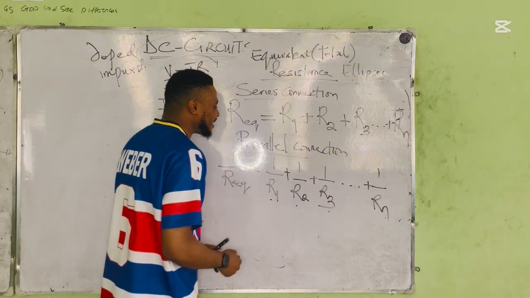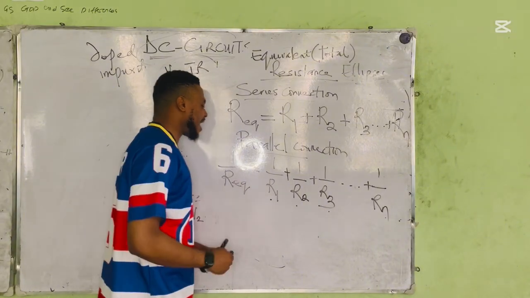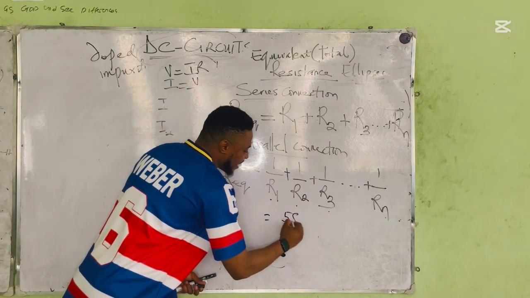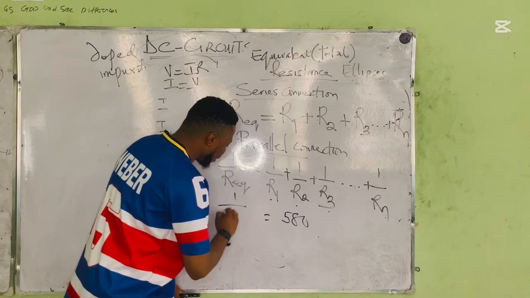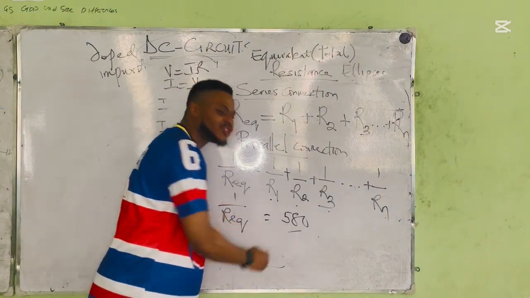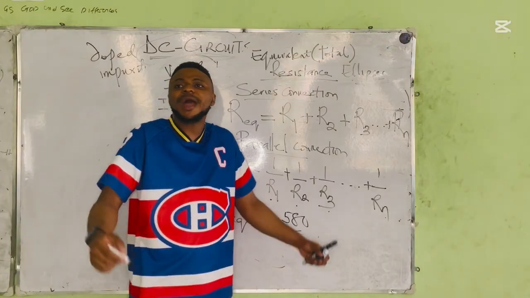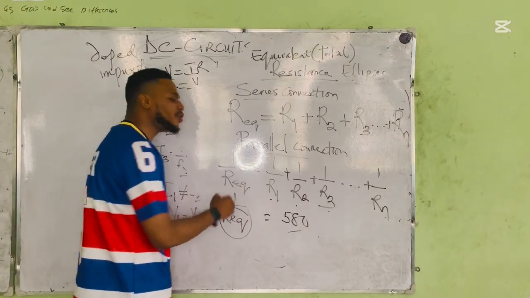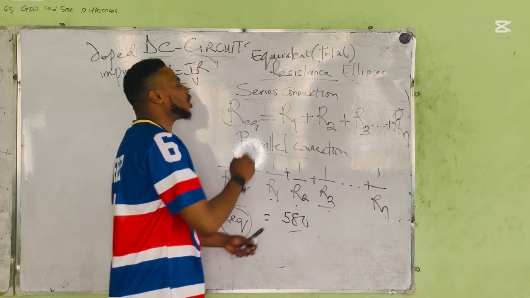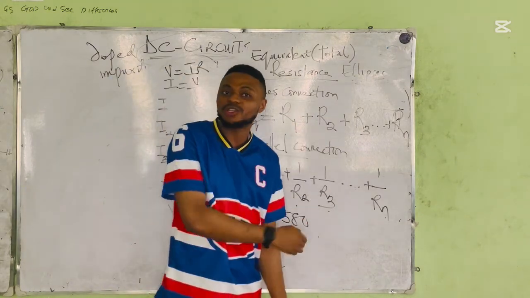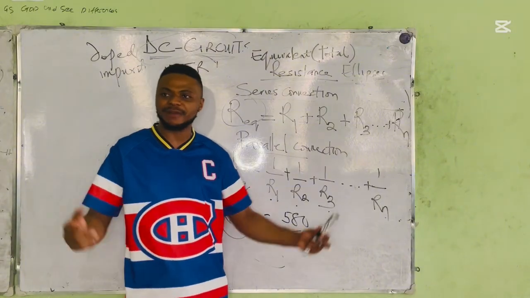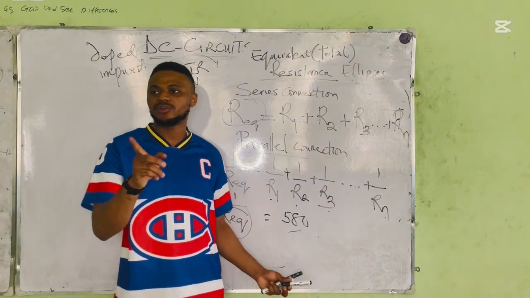If you solve this and 1 over Req is equal to, for instance, 580, you can never say that this is your answer. The reason is that you have not made Req the subject of the formula, unlike series where Req is just R1 plus R2 plus R3. It's not like that here. So you can't just get to this point and say, wow, I've achieved it in life. No. You cannot do that.